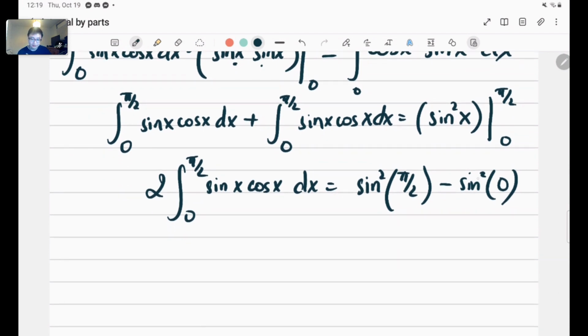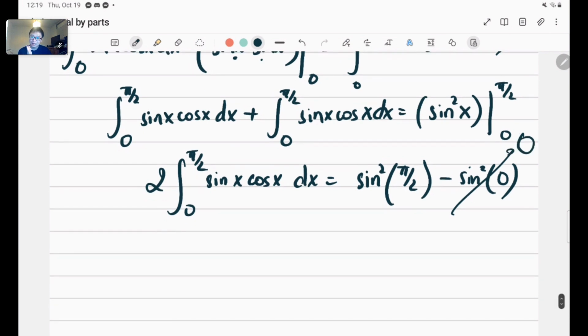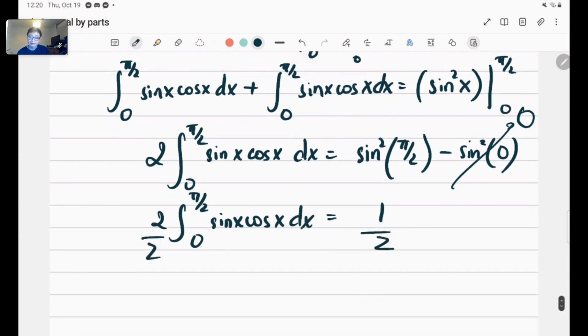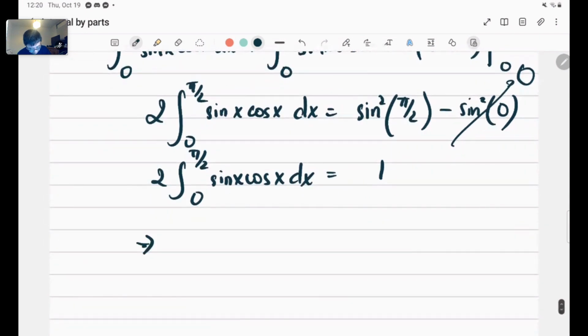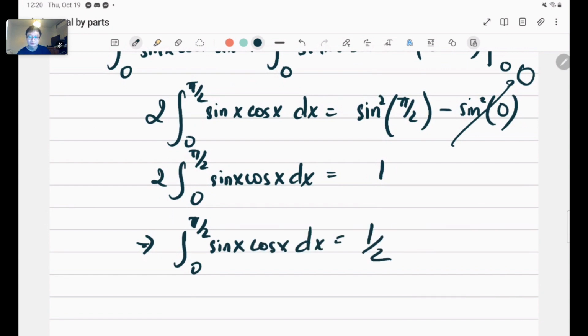Sine of 0 is 0, so that goes to 0. Sine of pi by 2 is 1, and squared is just 1 itself. Now you can bring the 2 to the other side, dividing both sides by 2. In the end, you should get that the integral from 0 to pi by 2 of sine x cosine x dx is equal to 1 over 2.